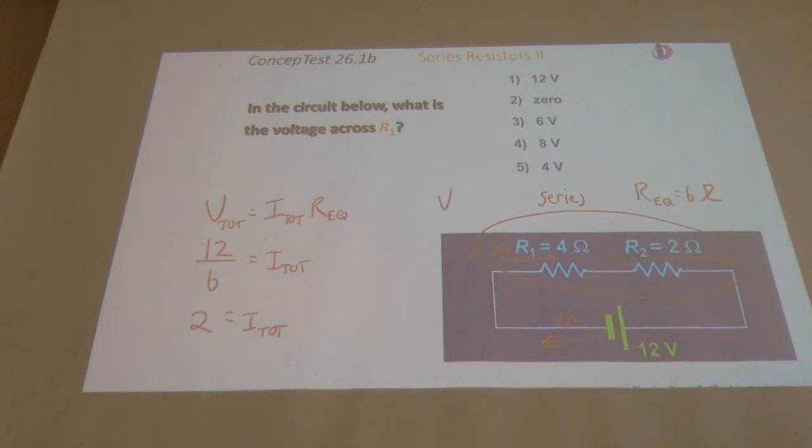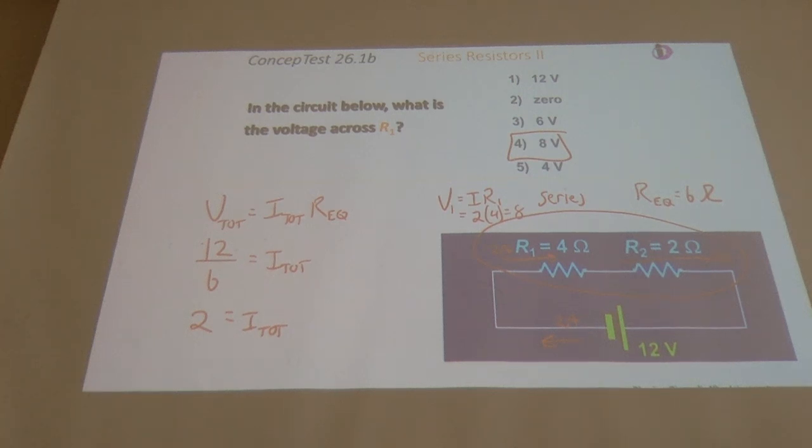Once I have that, I can say V1 is equal to I times R1, and that's going to be 2 times 4, which gives me 8, okay? So it's a little progression of equivalent resistance, find the total, and then use V equals IR multiple times as needed to find the different amounts, okay?